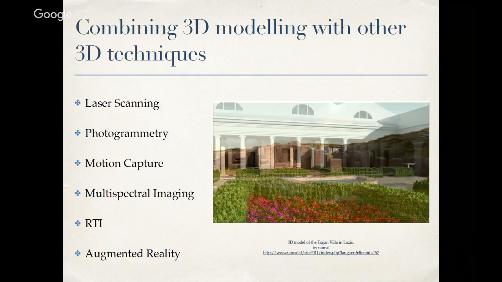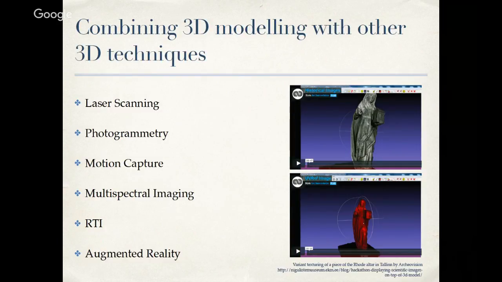We could couple 3D modeling with multispectral imaging or RTI, using this imaging to texture the 3D model and possibly even switch from one texture to the other, revealing the various approaches to the same object. We could introduce 3D models in augmented reality and so on.